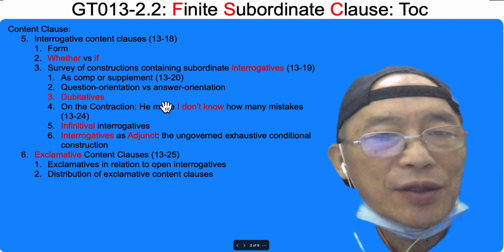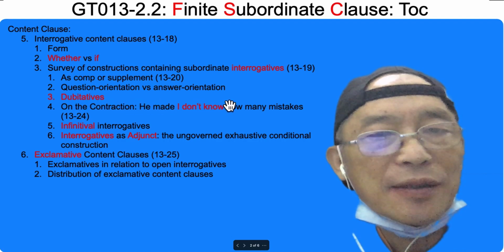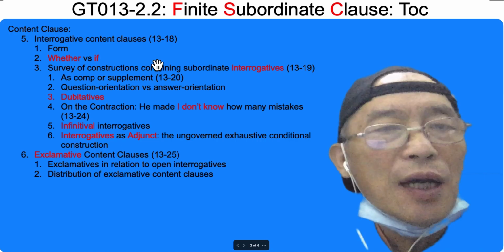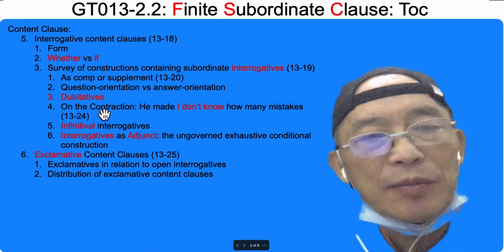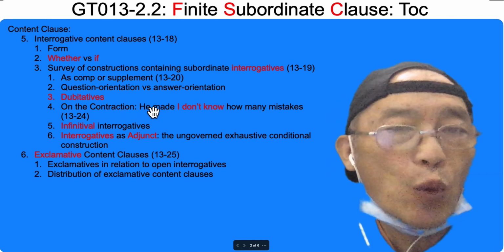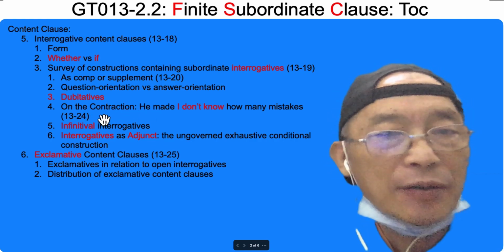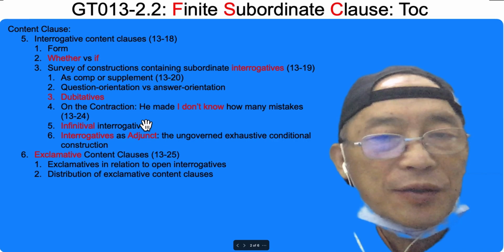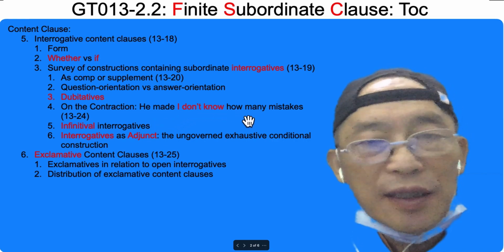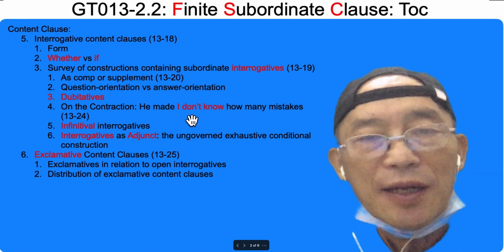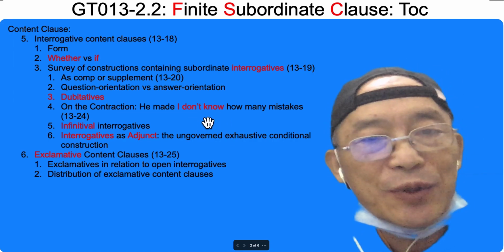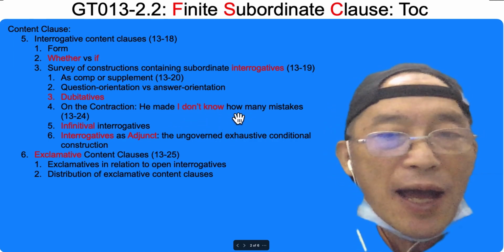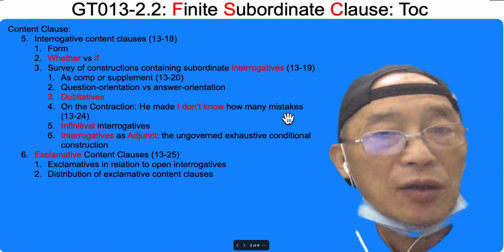Question orientation versus answer orientation, interrogative content clauses, and dubitative. That means I doubt whether, I doubt. In construction, he made interrogative content clause, and this is acting as an adjunct that sits between the verb and the interrogative content clause.